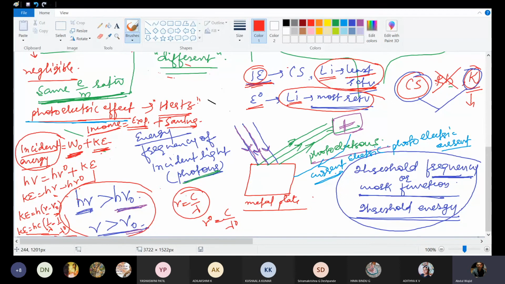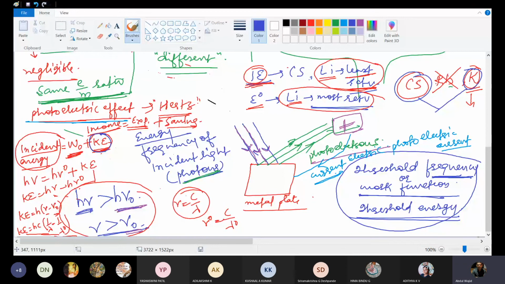Is it okay? Yes, sir. Suppose the kinetic energy is zero, then whatever amount of energy falls on the metal surface will be used for the work function.